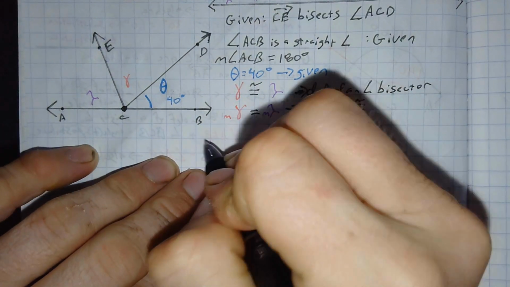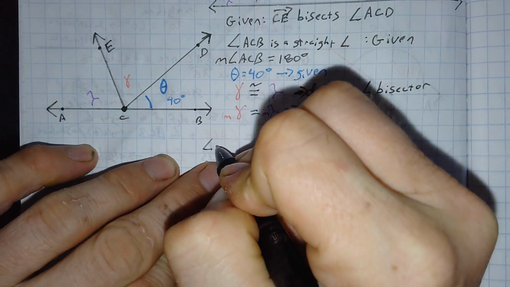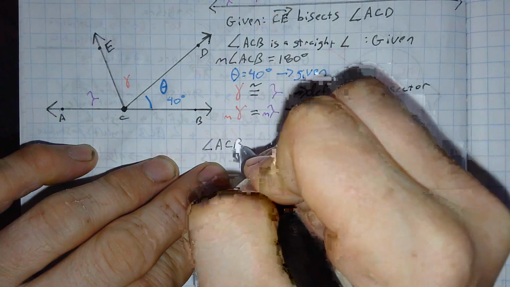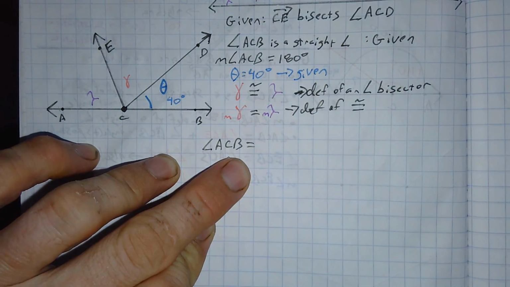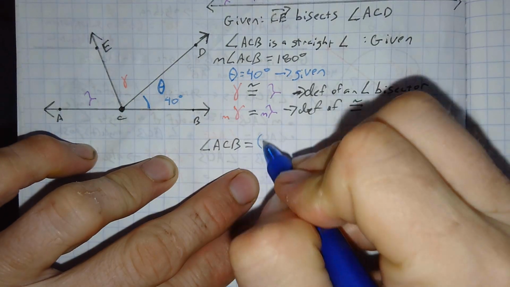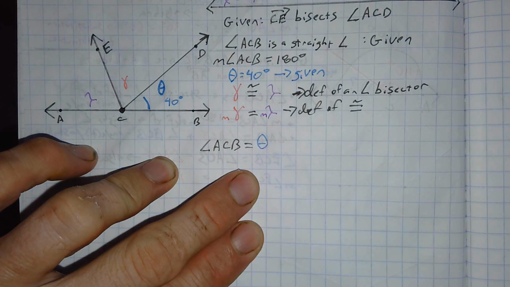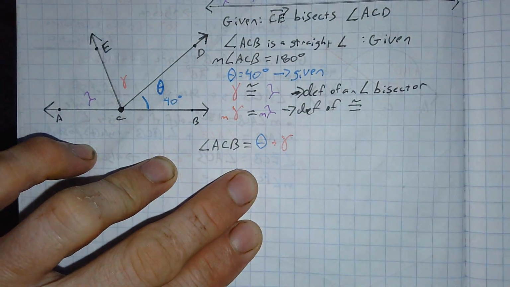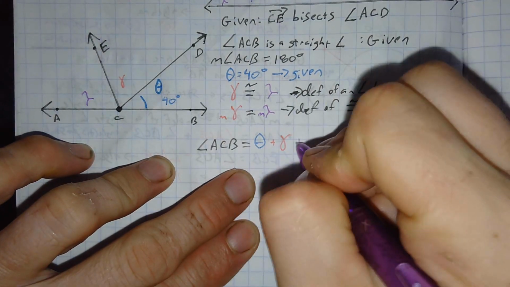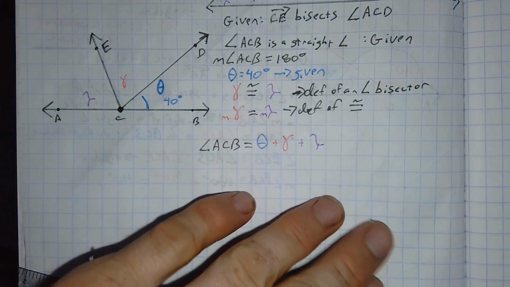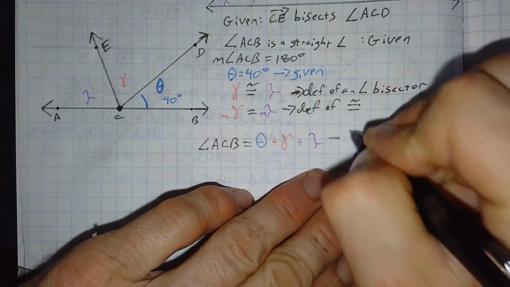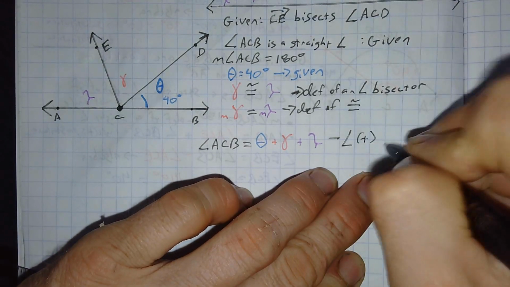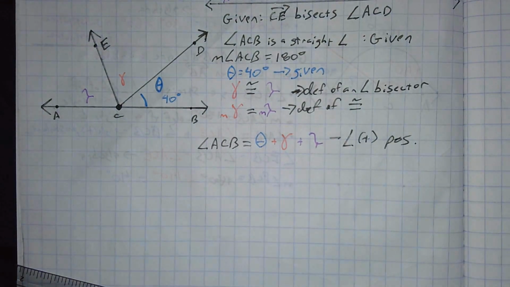I'm going to say that angle ACB equals, sorry, that's theta plus gamma plus lambda. And that is because of angle addition. Angle addition postulate. Okay?